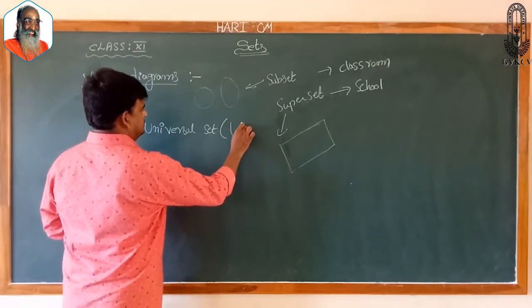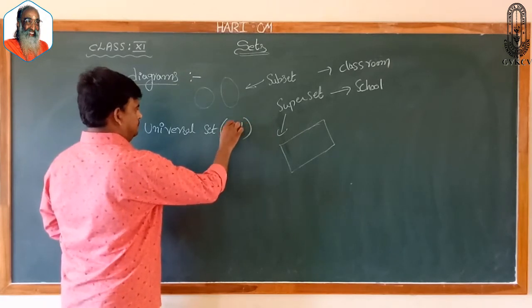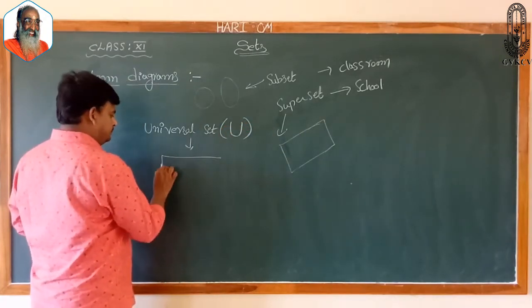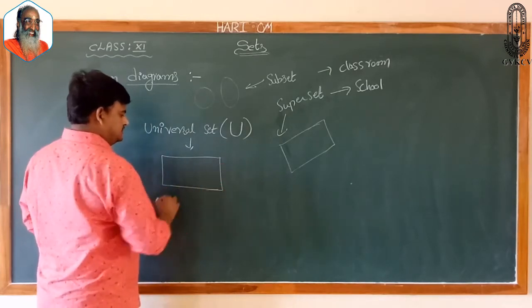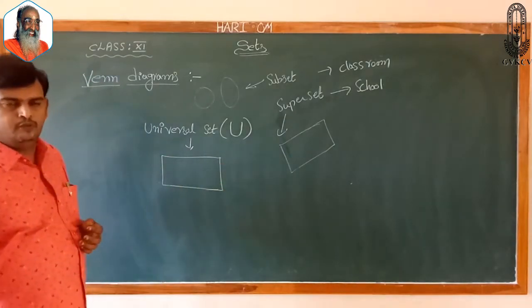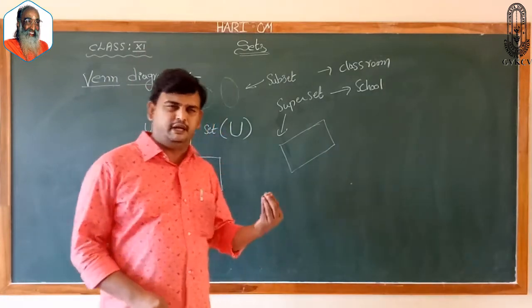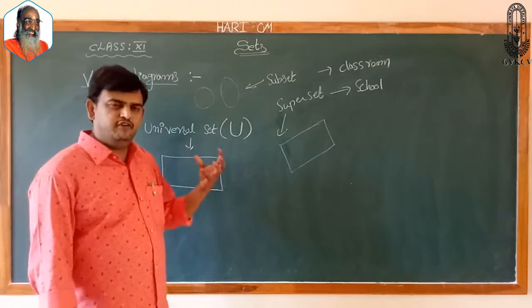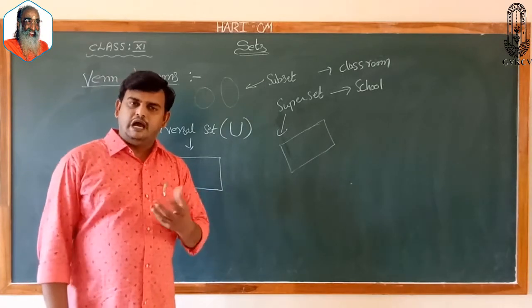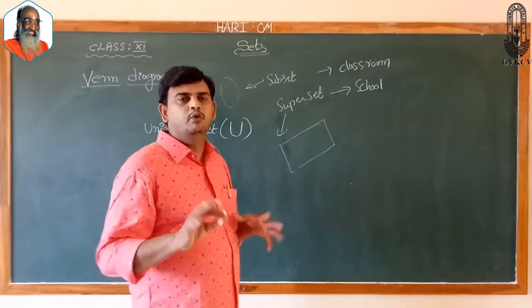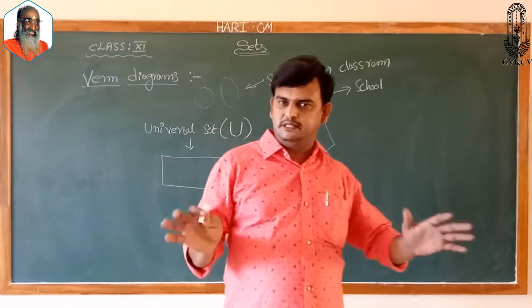Universal set, which is denoted by capital U. For all universal sets, we use the shape square or rectangle, usually rectangle. As we know, the universal set is the biggest one; more than that there is no other set.